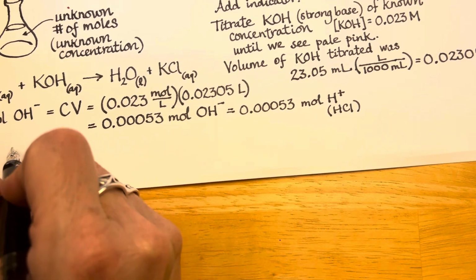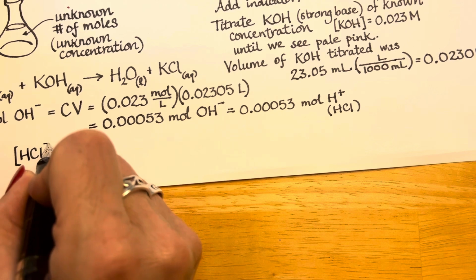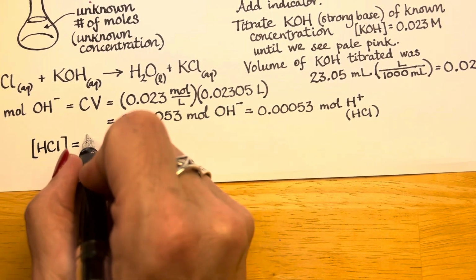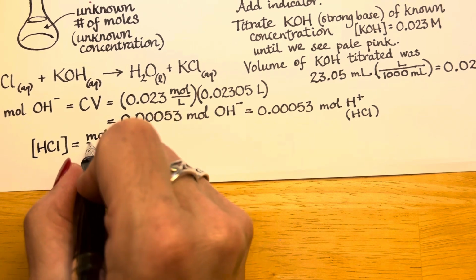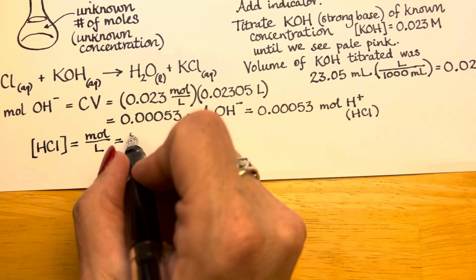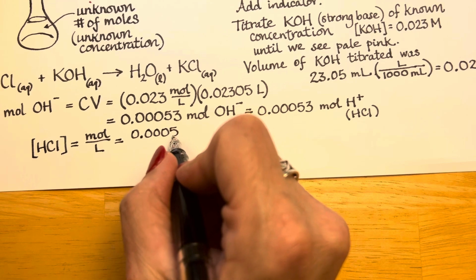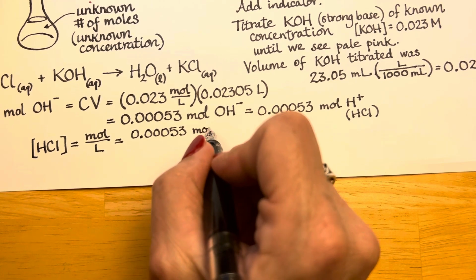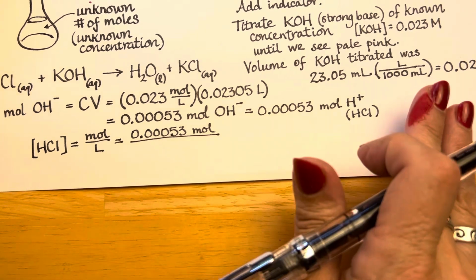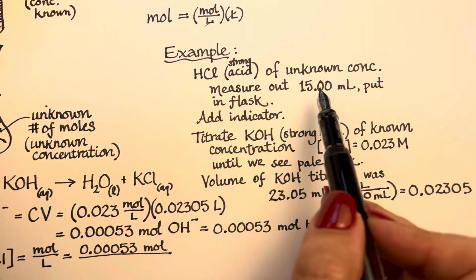Okay, so concentration of HCl, if it is in moles per liter, we now know how many moles? 0.00053 moles. Okay. How many liters? Well, that's how many were measured out in this example.